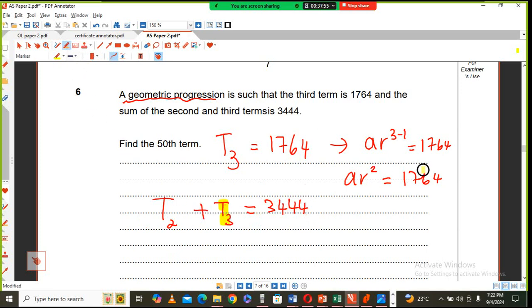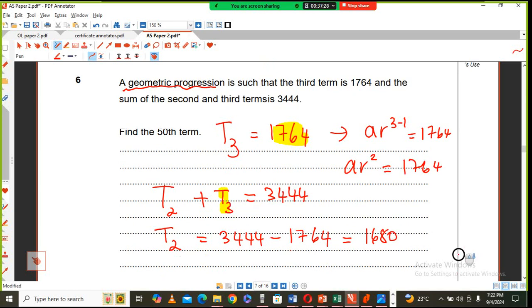But we know term 3 is equal to 1,764. So term 2 would be 3,444 minus 1,764, which is equal to 1,680.